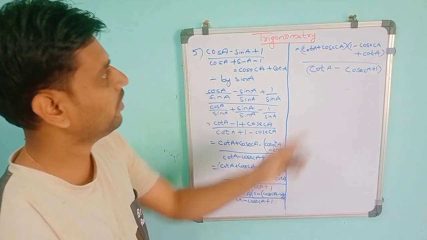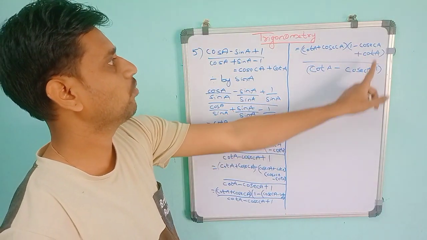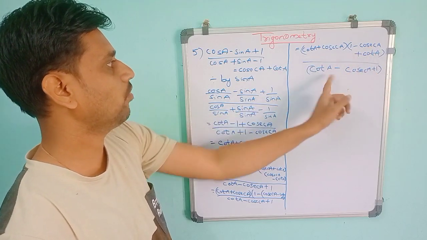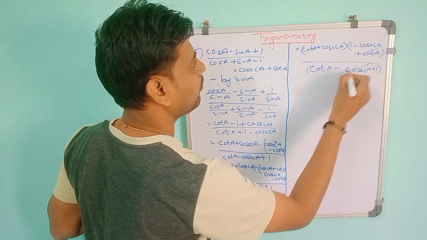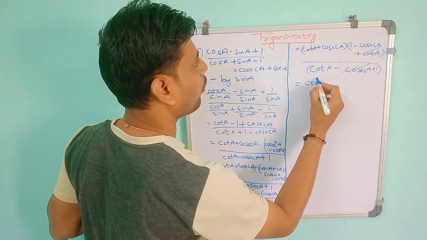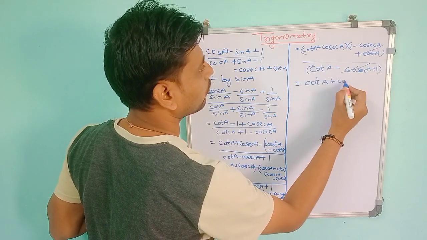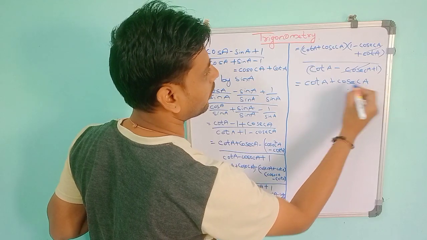As you see, in the numerator and denominator, 1 is there, minus cosec A is there, and cot A is there. So this will get cancelled, and the remaining will be cot A plus cosec A.